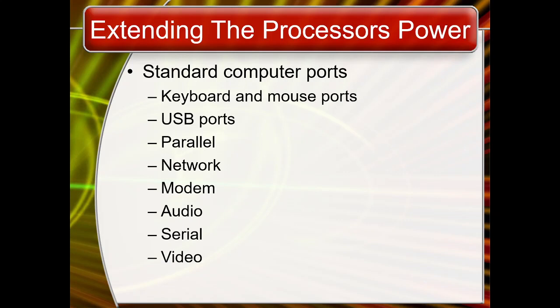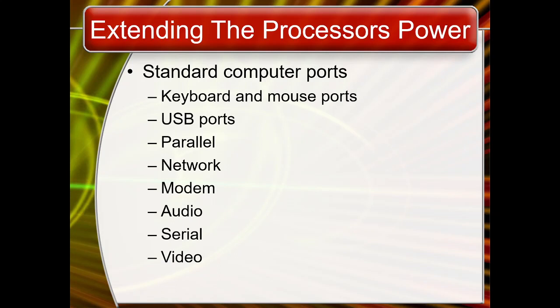So, extending the processor power, standard computer ports are used. For every peripheral device a specific port was used. Although it has been standardized, and most devices have moved towards the USB standard, still in several places peripheral-specific standard computer ports are used.